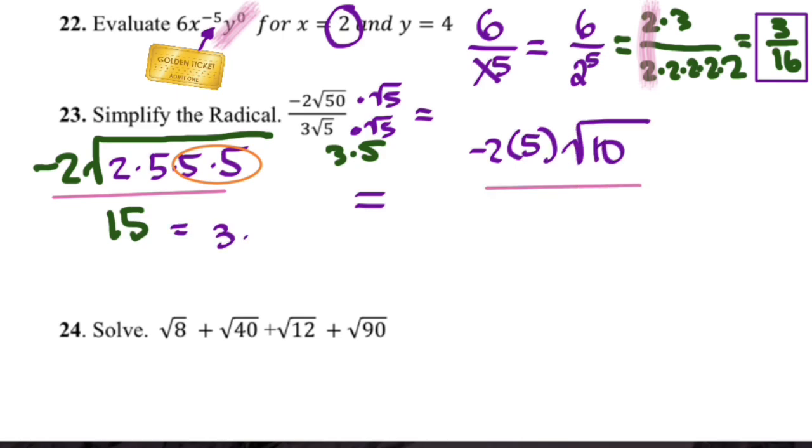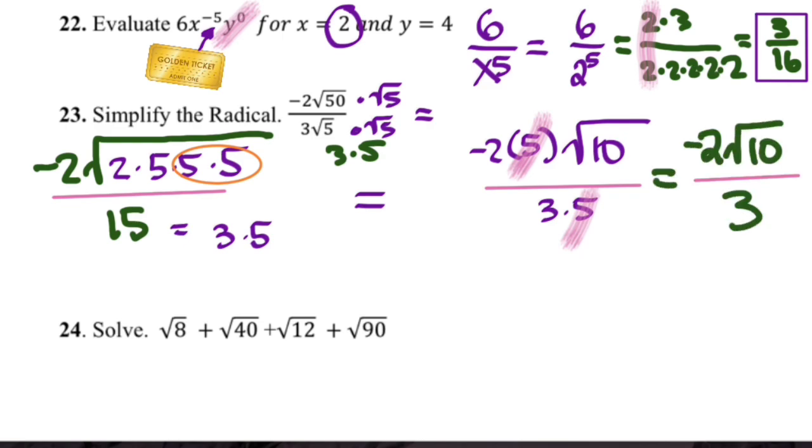Factor out the 5, so I end up with negative 2 times 5 and square root 10. Downstairs, that would make it 3 times 5, which is 15. And now I can reduce this fraction, canceling out the 10, and end up with negative 2 square root 5 over 3.